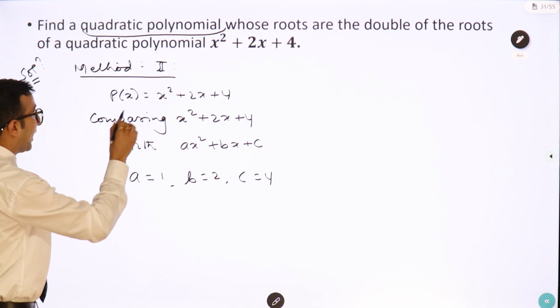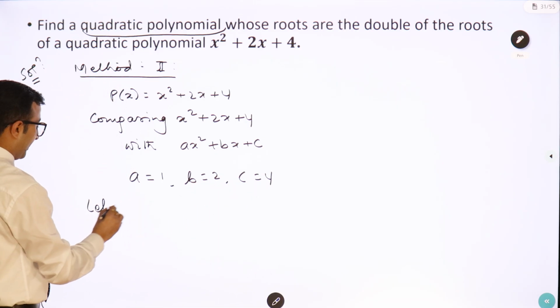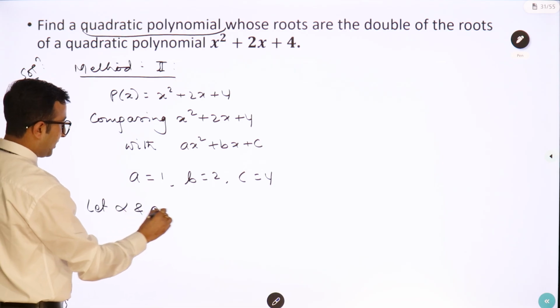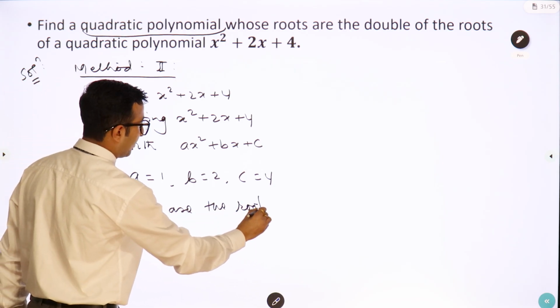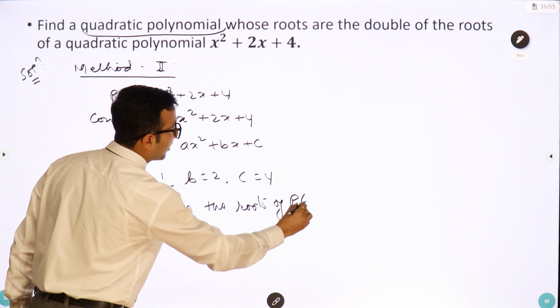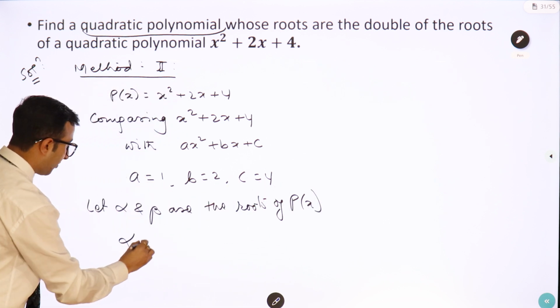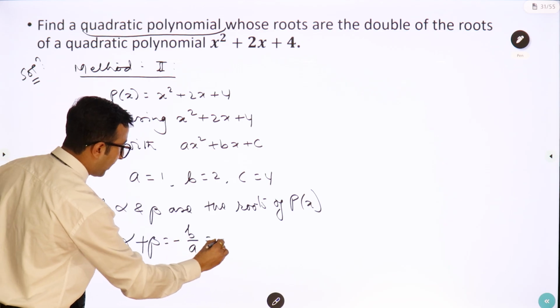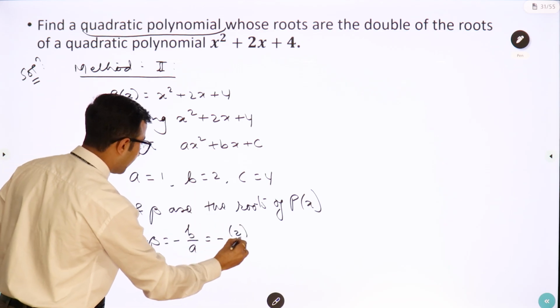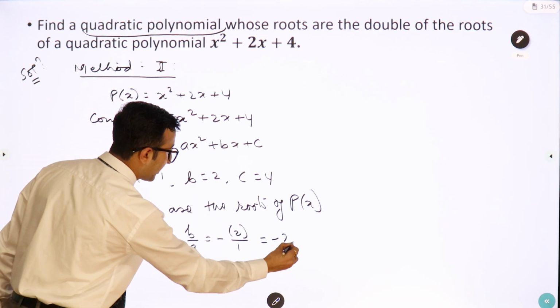Let alpha and beta be the roots of p(x), the given polynomial. Then the sum of the roots is minus b divided by a, in place of b there is 2, divided by 1, that is equal to minus 2.